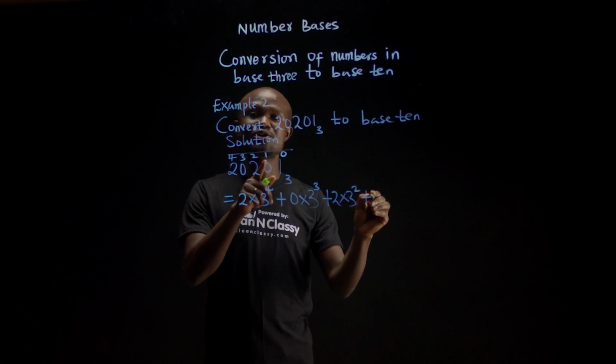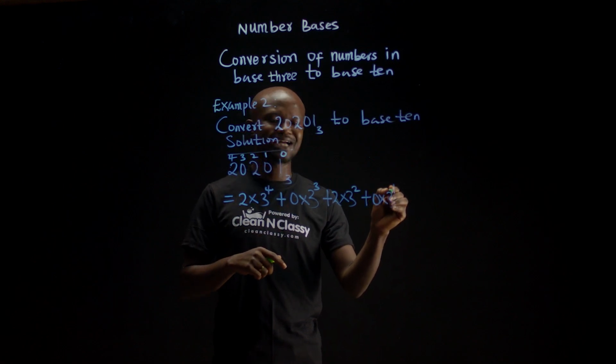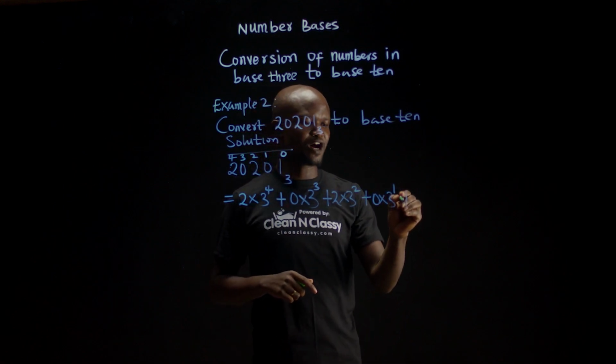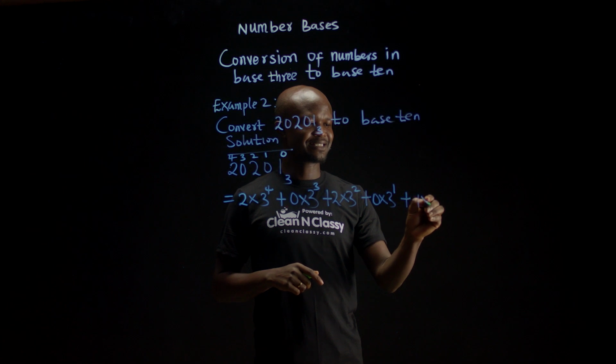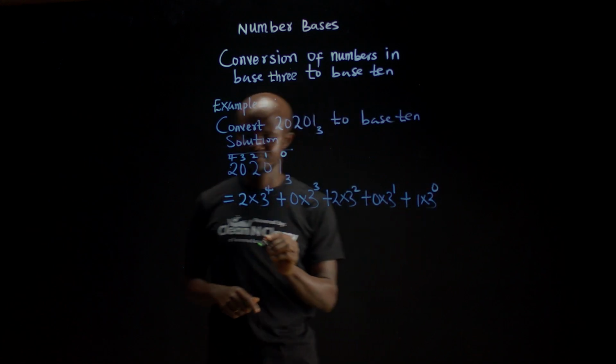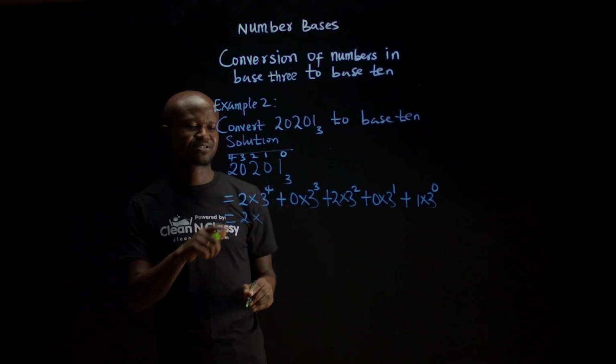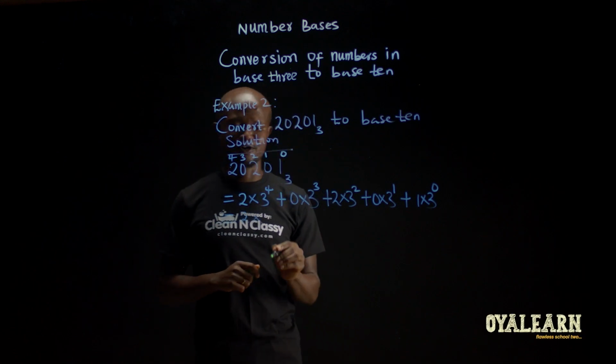Plus 0 times 3 raised to the power of what? 1. Then plus 1 times 3 raised to the power of what? 0.